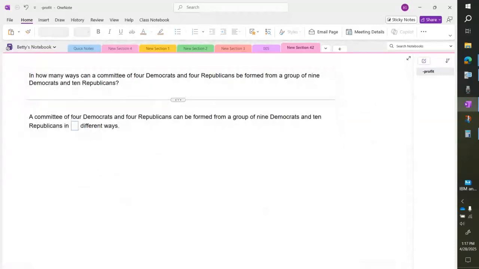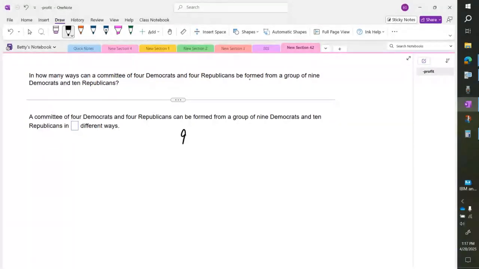Firstly, on your scratch paper, you need to write down the setting. You have 9 Democrats, you have 10 Republicans, and your task is to form a committee. The committee requires 4 Democrats and 4 Republicans. This task has 2 parts. Firstly, you need to select 4 Democrats from the available 9 Democrats.